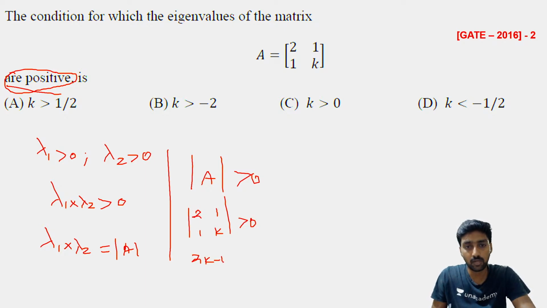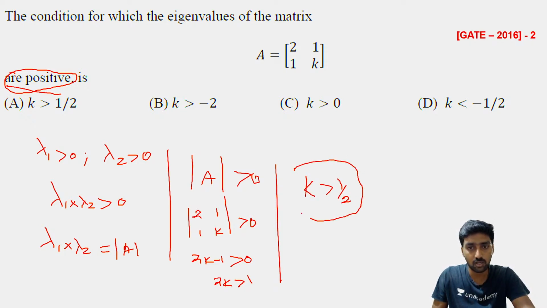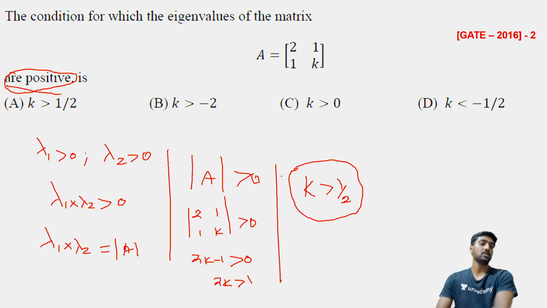Therefore 2k minus 1 greater than 0, 2k greater than 1, k greater than 1 divided by 2. So k belongs to this range. Yes, it's option A, not D. Got it?